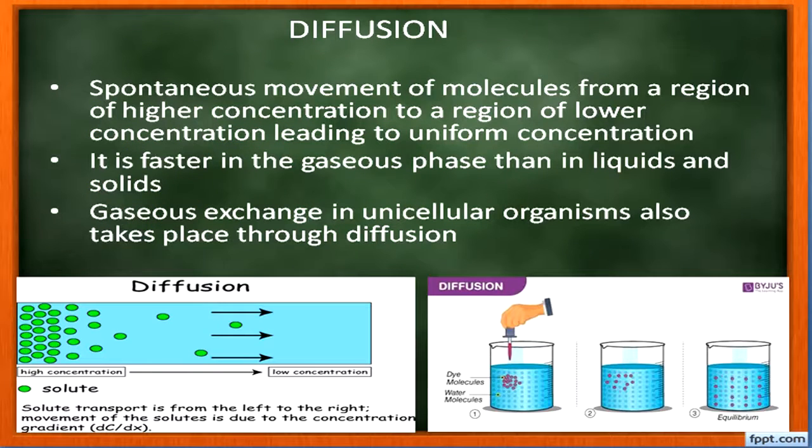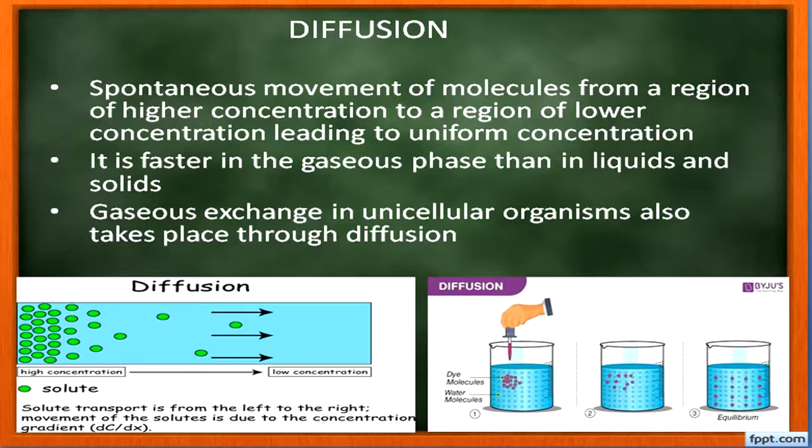If you take diffusion, I will explain it with a small experiment. You take a beaker of water and add any colored ink, red or blue or pink, any color you can add. Within a few seconds you can see that the ink molecules will spread quickly throughout the water in the beaker, moving until it gives a uniform coloration throughout the water, isn't it? So it does not stay in one place.